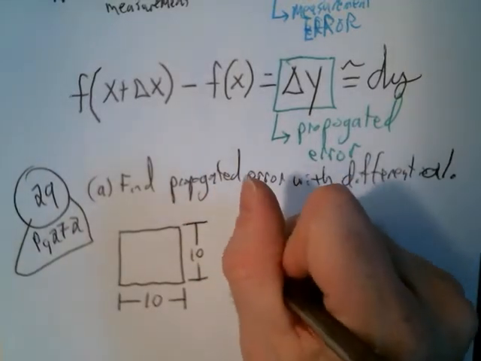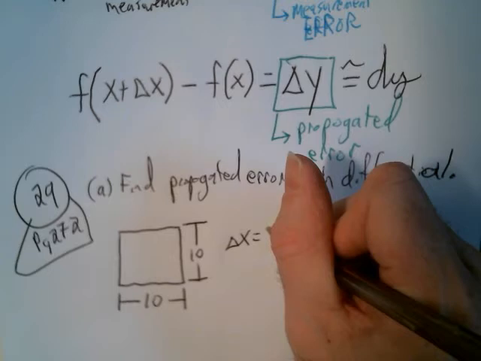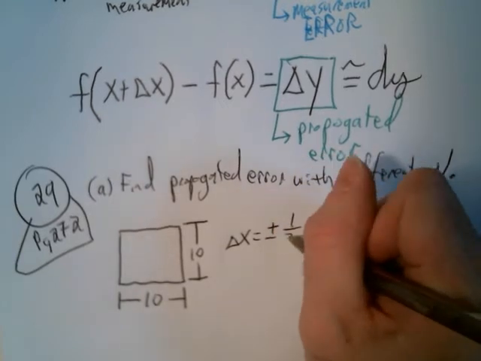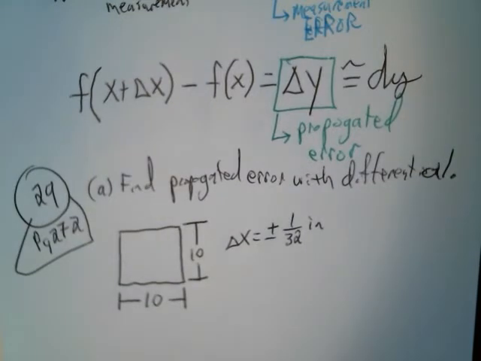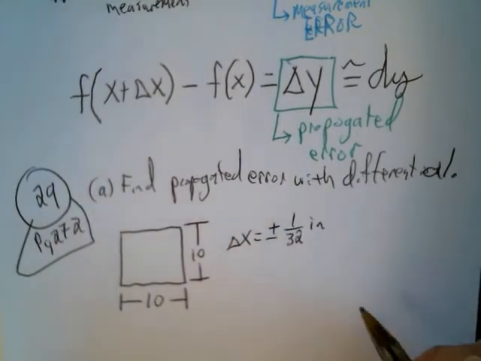Okay, so our change in x is going to be plus or minus 1/32 of an inch. And we want to get the, what does it say? Use differentials to estimate the possible propagated error in computing the area of the square.